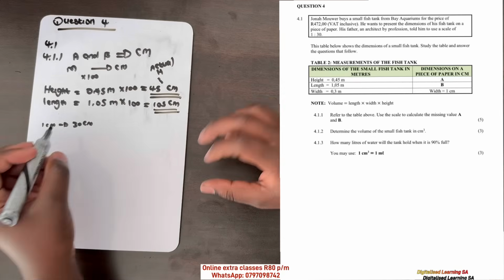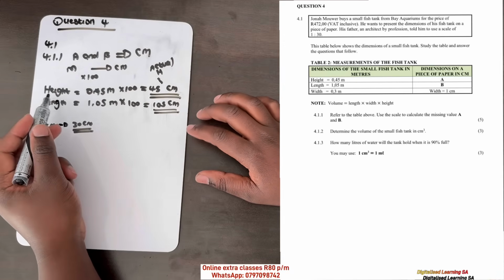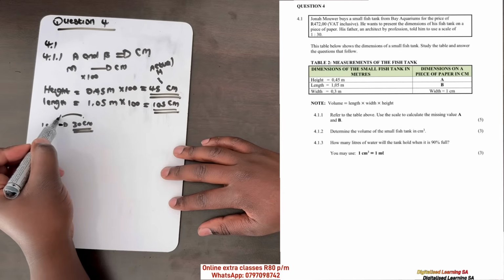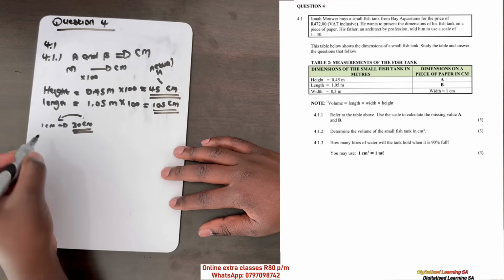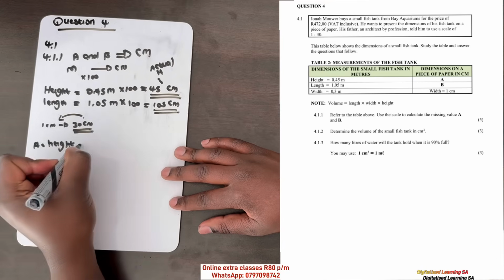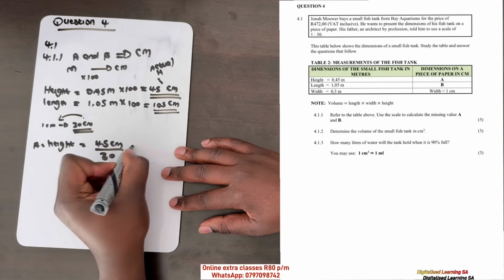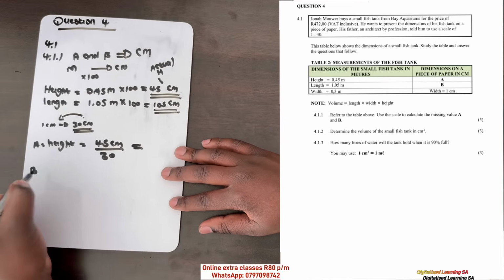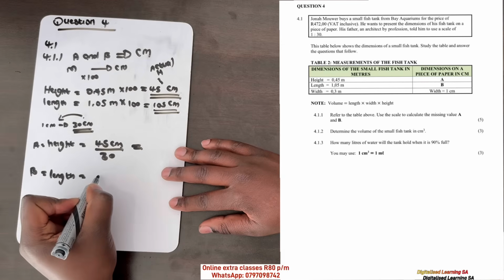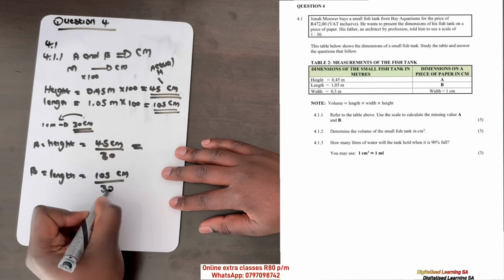So in this question, we can easily see that our height and our length are already given in actual reality. If we want to convert them back, we just divide by 30. Our A, which is our height, will be equal to 45 centimeters divided by 30, and our B, which is our length, will be equal to 105 centimeters divided by 30.